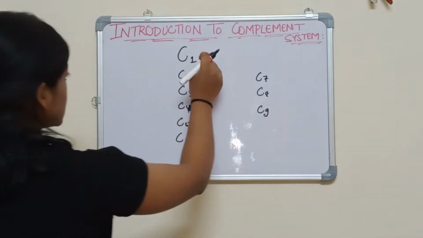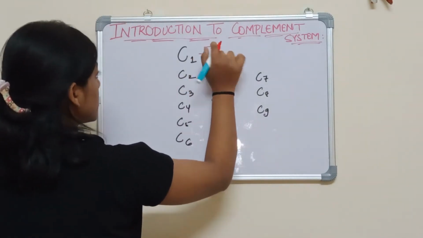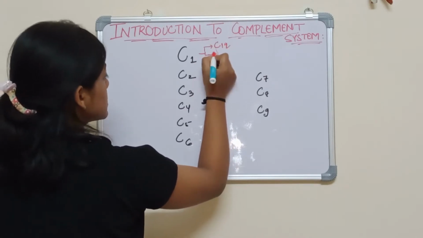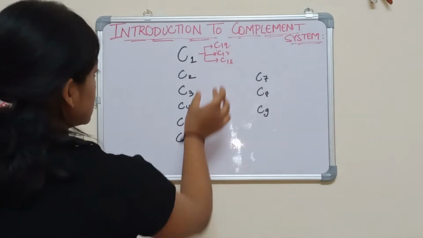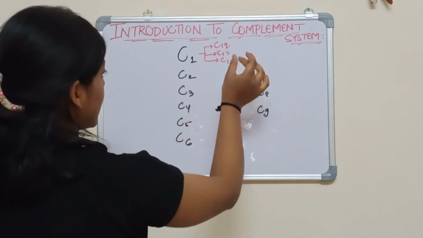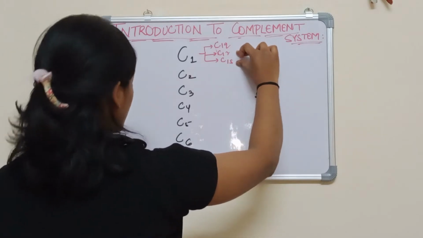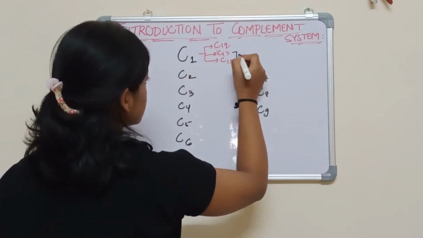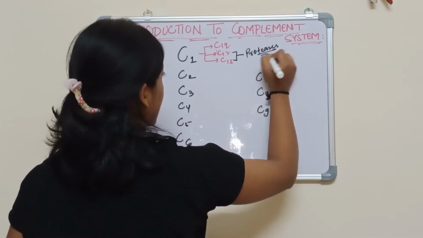Now C1 consists of C1Q, C1R and C1S. It has three subunits, C1Q, R and S. Now these two, C1R and C1S, are proteases. They have protease activity.